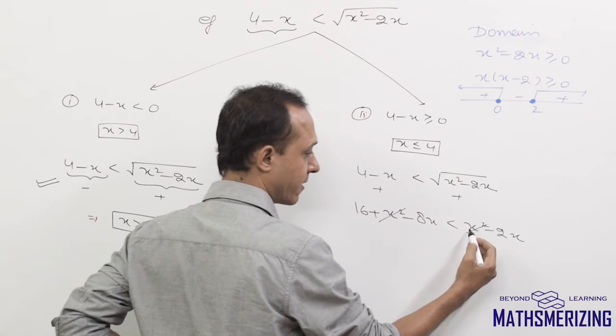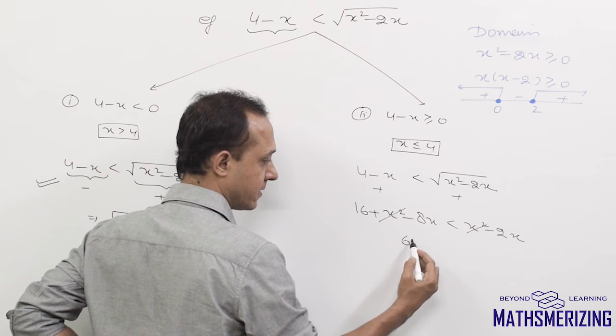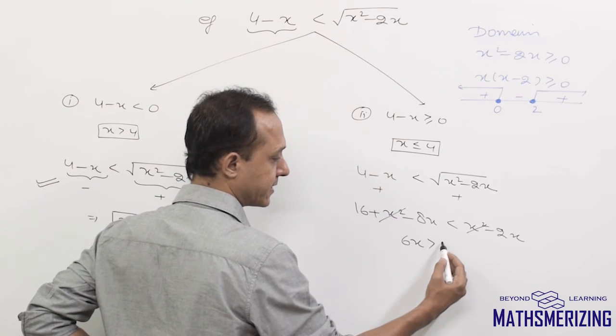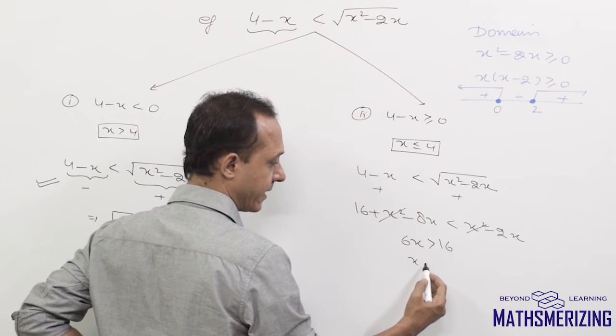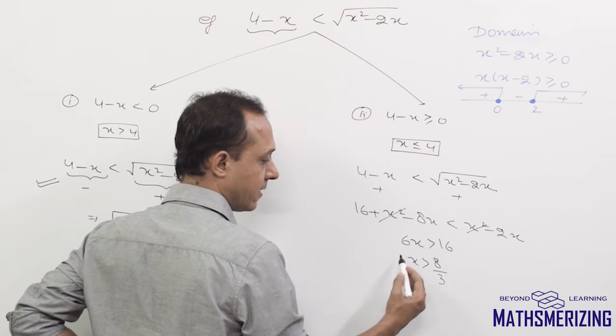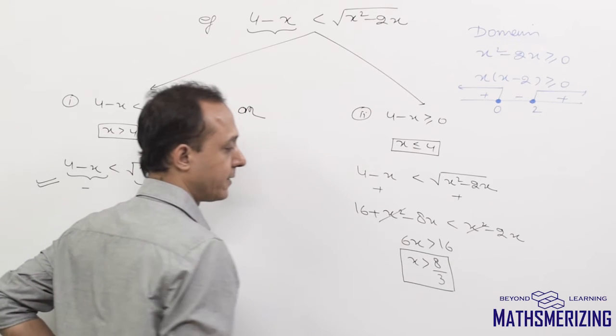I can cancel x square. Taking terms to the other side, I get 6x is greater than 16, so x is greater than 8 by 3.